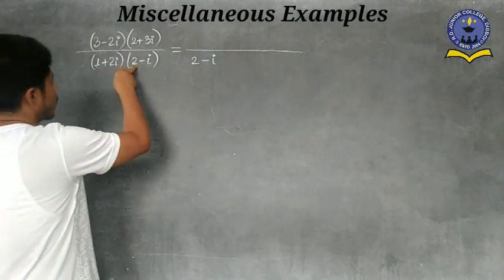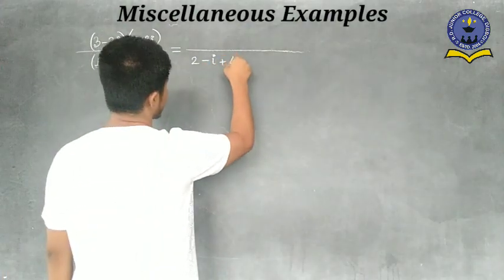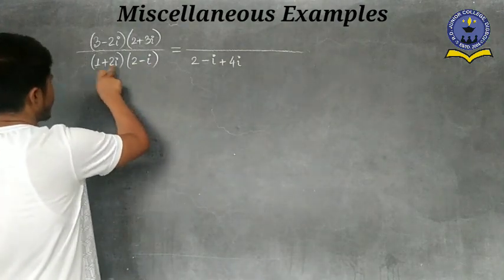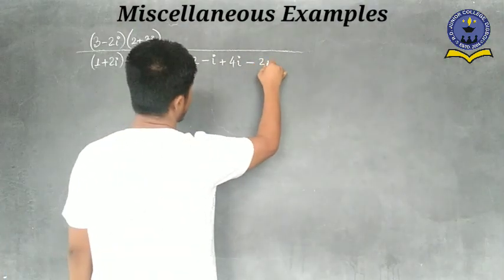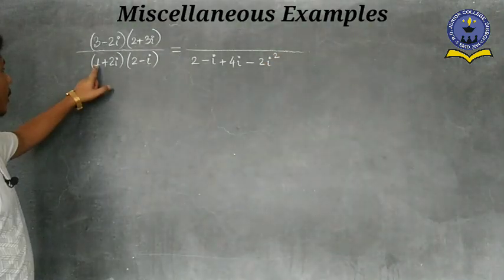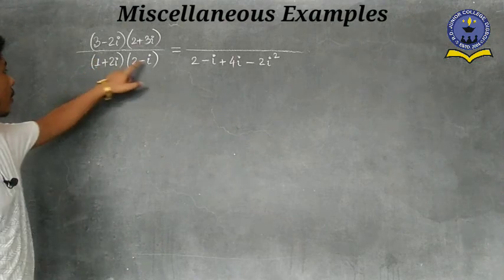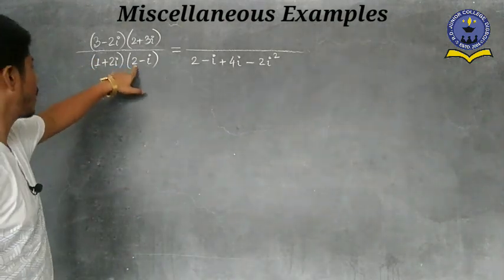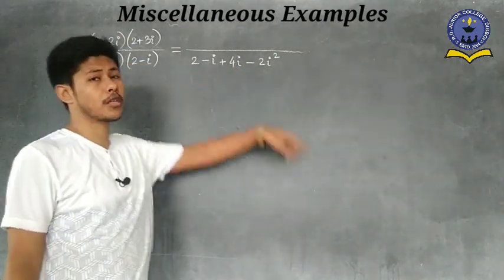Similarly 2i into 2 gives plus 4i, and 2i into minus i gives minus 2i squared. Is it clear? So what we get: 1 into 2, 1 into minus i, that means 2 minus i. Then 2i into 2 is 4i, 2i into minus i is minus 2i squared.